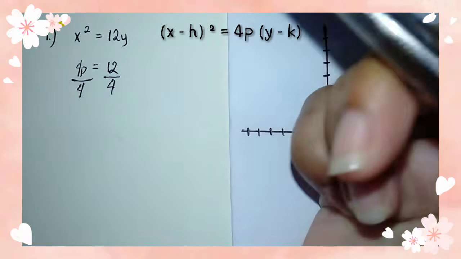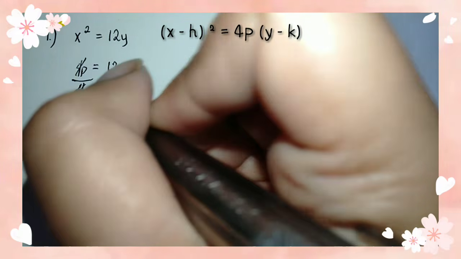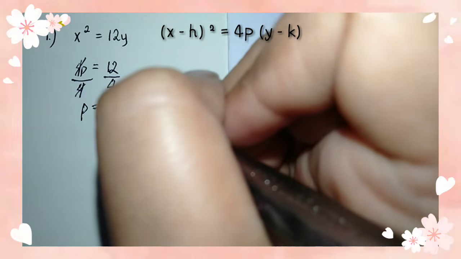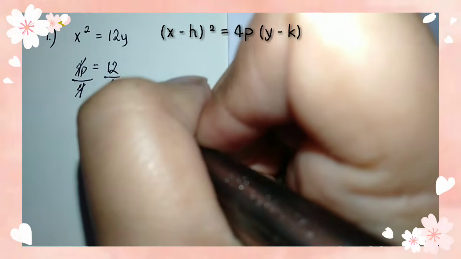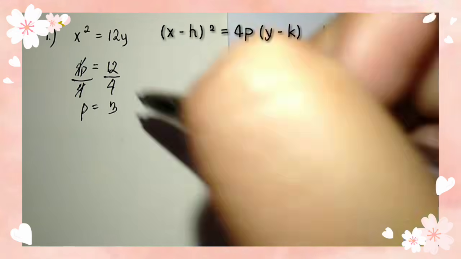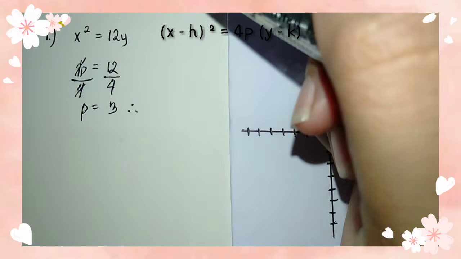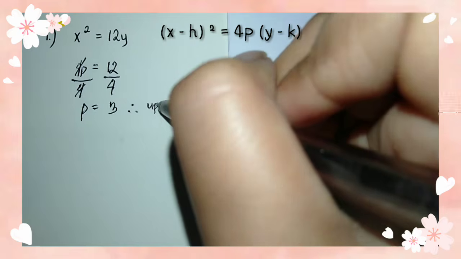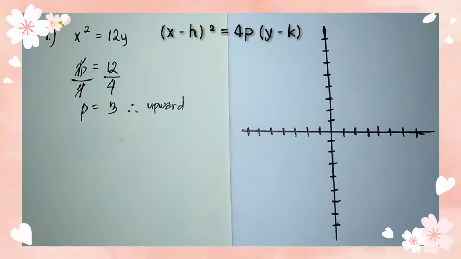So divide both sides by 4. And cancel. So P is equal to 12 divided by 4 is 3. Okay. Since si 3 ay positive, therefore, our parabola opens upward. Okay? Dahil positive si P, opens upward ang parabola natin.